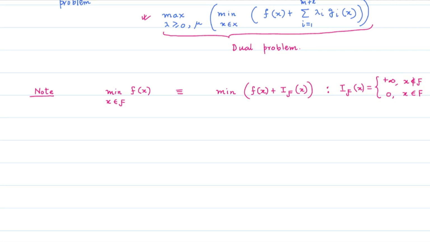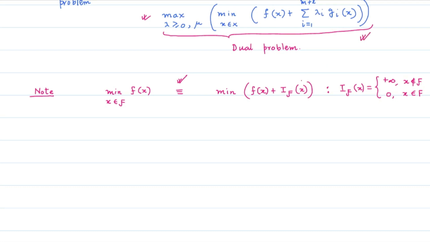Then obviously the minimization of f(x) plus i_F(x) takes place only when x belongs to capital F, right? So this equivalence essentially gave us the idea of the penalty formulation of the primal problem.